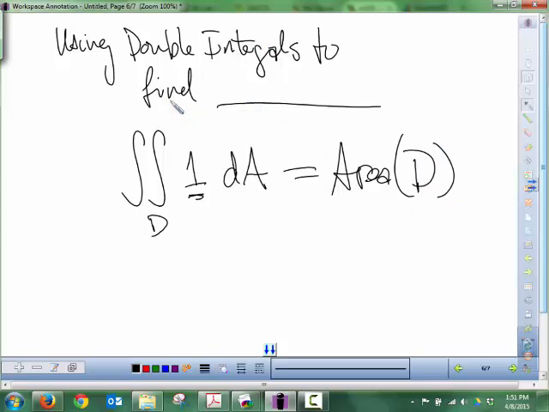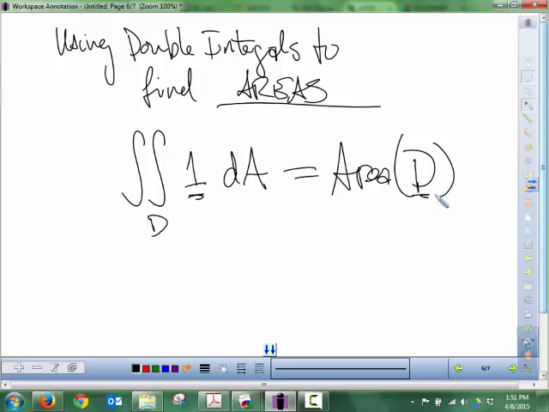So you can use double integrals. We're kind of used to having double integrals to find volume, but you can actually use double integrals to find areas if we let our integrand be equal to 1. And so in finding that area, you're really finding a volume.